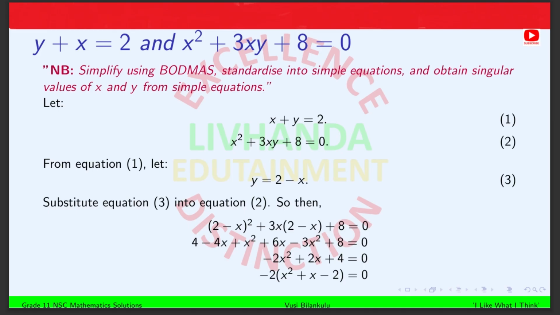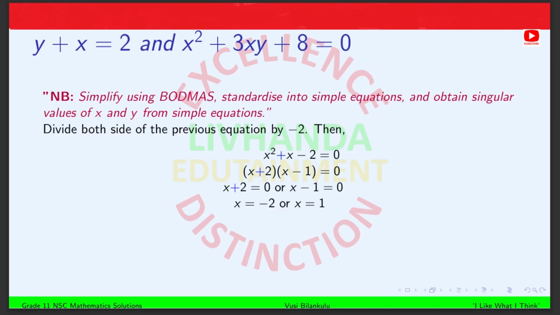Then, substitute equation 3 into equation 2 and simplify to obtain negative 2x squared plus 2x plus 4 equals 0. Next, take out negative 2 as a common factor in the equation. Then, the standard quadratic equation is given by x squared plus x minus 2.